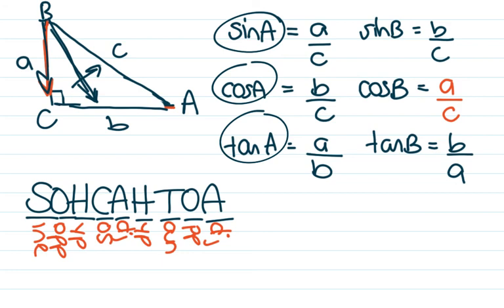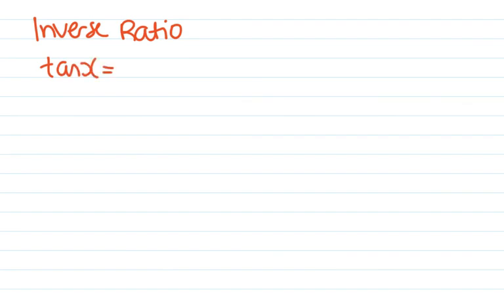Right? Next point says, when you're given the ratio but you need to find the angle, use the opposite operation of the trig ratio, which is called the inverse ratio, to isolate and solve for the angle. So the inverse ratio, for example, if you're given tan x equals 1 over 12, now you don't know what x is, which is the angle.